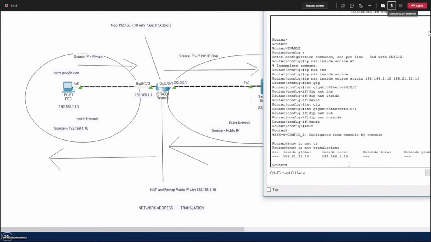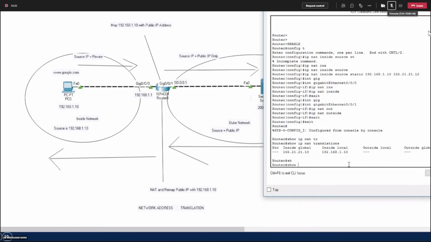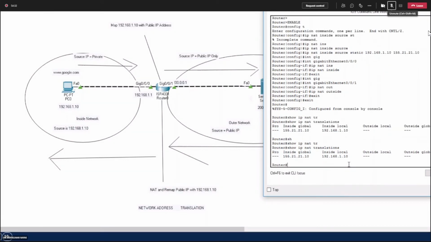Now can you please interpret this command for me? What is the output of this command? Okay. Interpret the output of this command. What is it indicating?